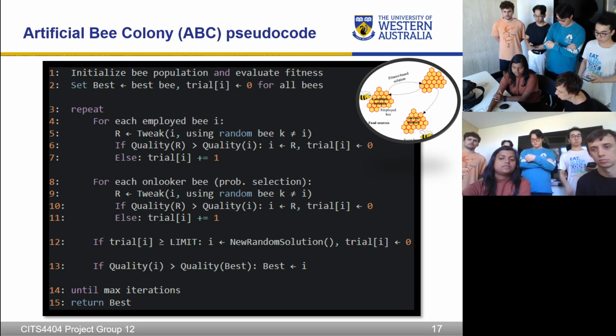The artificial bee colony algorithm simulates a population of bees, employed bees and onlooker bees, searching for good solutions. Each bee tweaks its current solution based on another randomly chosen bee, trying to improve it. If no improvement happens after several attempts, a bee abandons its position and explores a new random solution.